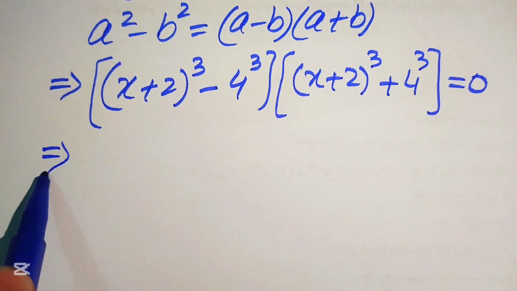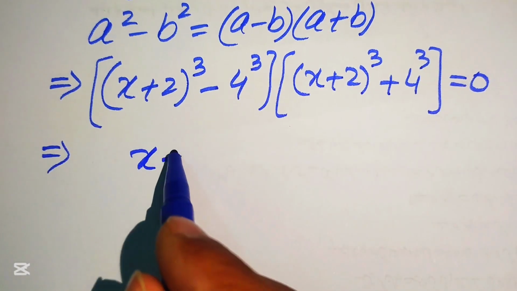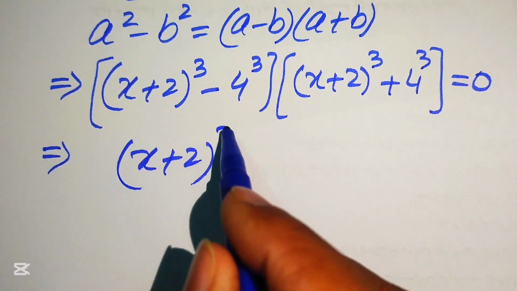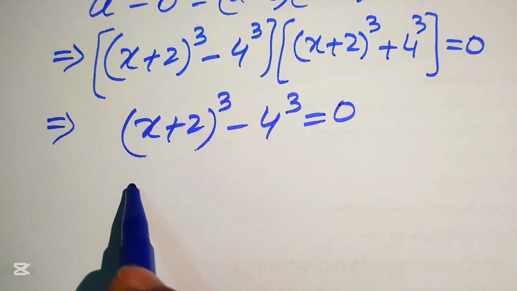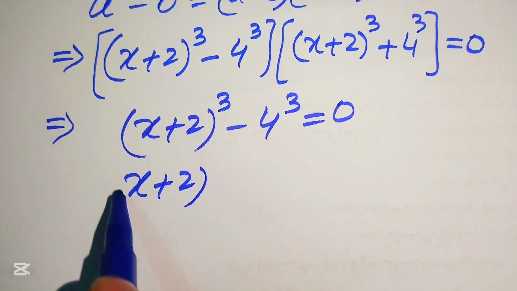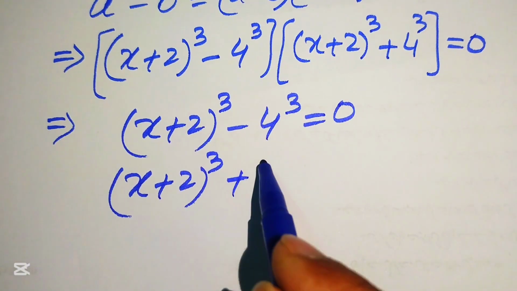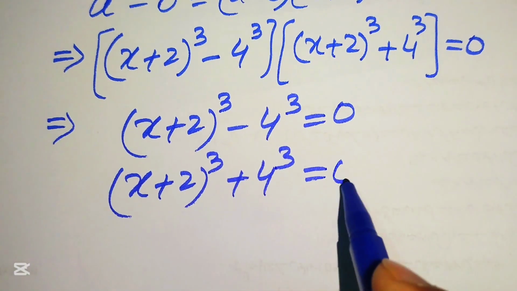In the next step we convert this into two cases. The first case is (x+2)^3 minus 4^3 equals 0, and the second case is (x+2)^3 plus 4^3 equals 0.